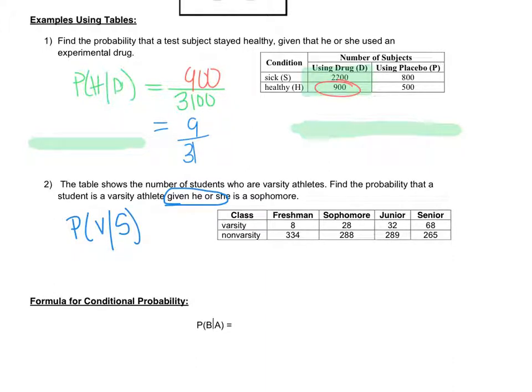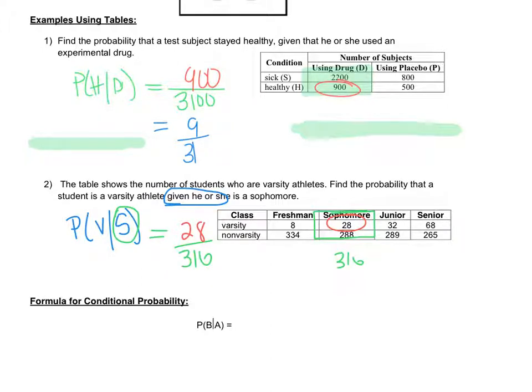So this is the event that already occurred. I go over to my sophomore list, and I add up the total number of sophomores that there could be, which would be 316. Once I get that number within that green box, I look for the number of varsity athletes, which would be 28.